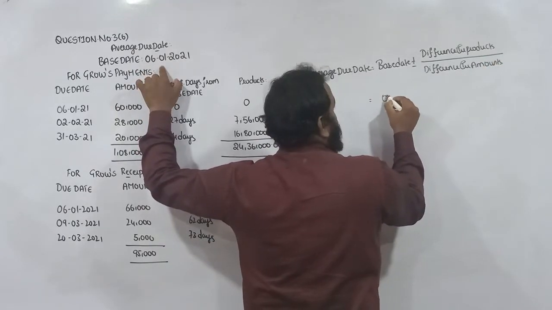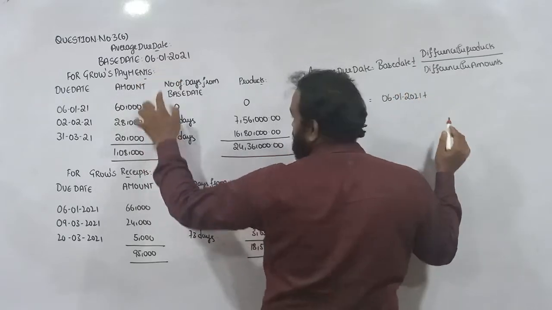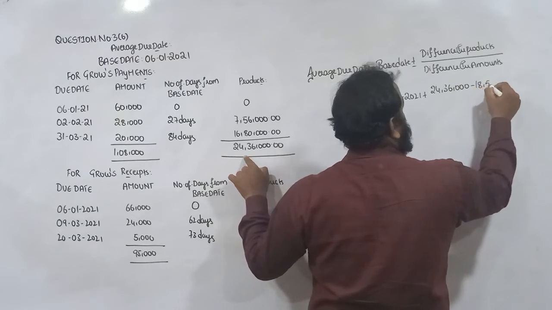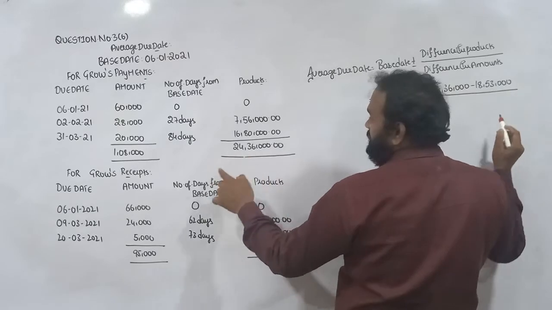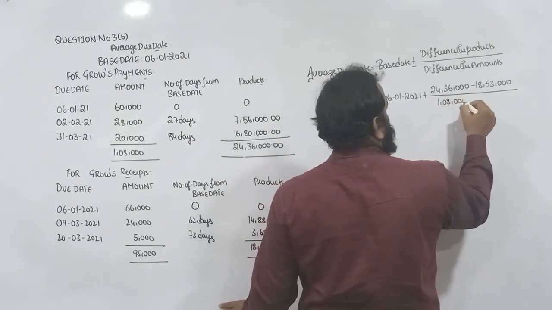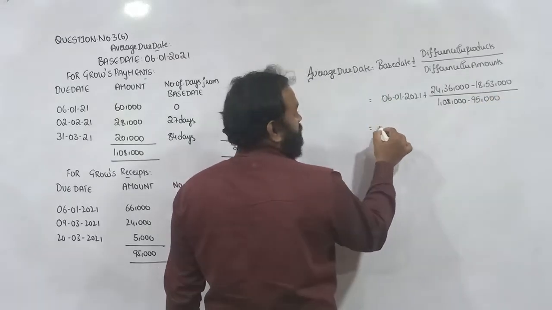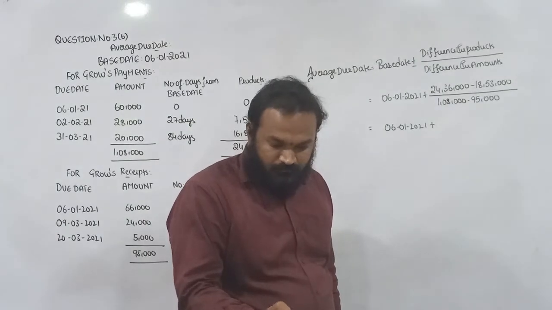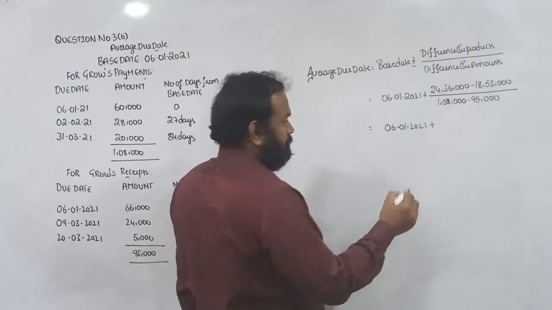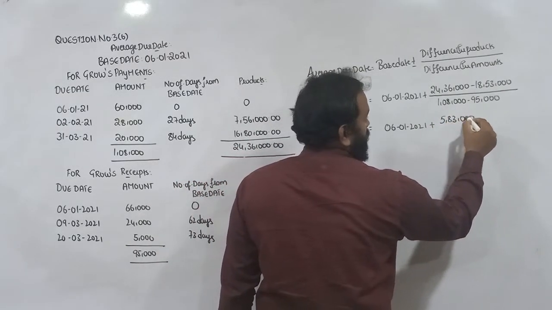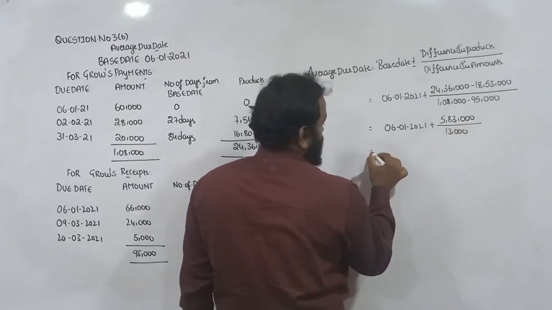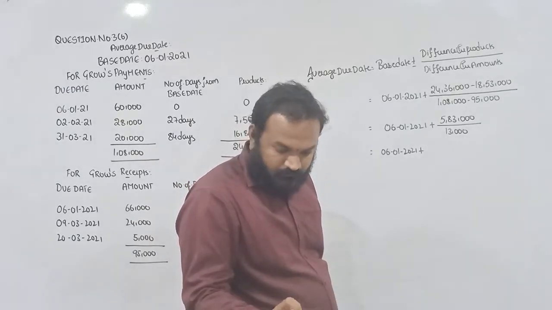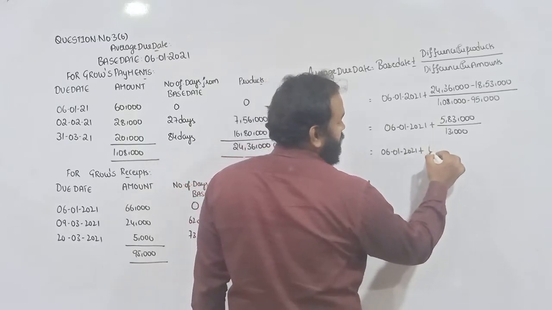So what is the base date? 6th January 2021 plus difference in products 24,36,000 minus 18,53,000 is divided by 1,08,000 minus 95,000 plus how many days? It's 44.84 rounded off to 45 days.